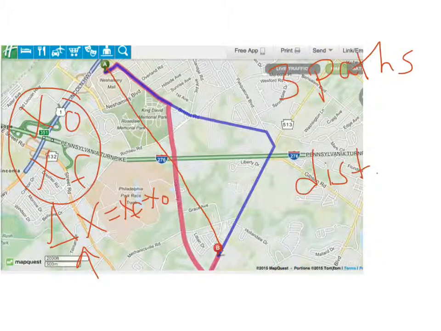Okay? I could, again, put that Cartesian coordinate system over top of my map here, give A and B some coordinates, and then I could actually use the distance formula to find the shortest distance between them. Let's remember that the shortest distance between 2 points is a straight line.